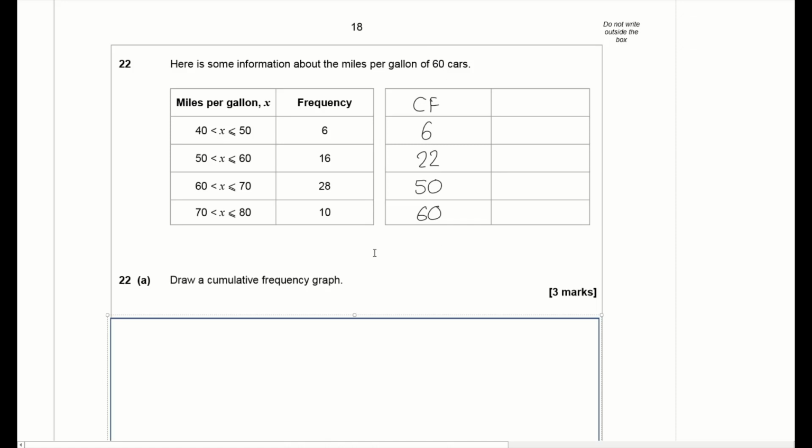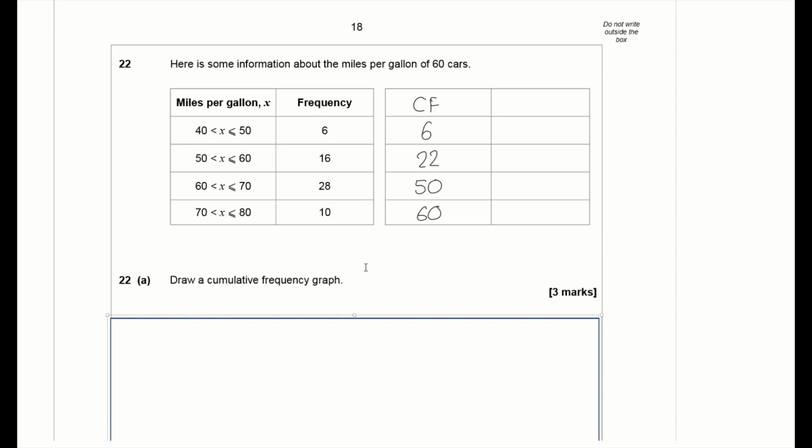Now when you draw a cumulative frequency graph, the cumulative frequency will be on the vertical axis and the variable that's been measured, in this case the miles per gallon, will be on the horizontal axis. Now you do not know anything about the individual miles per gallon for any of the cars. All you know is the total number of cars that are in each interval.